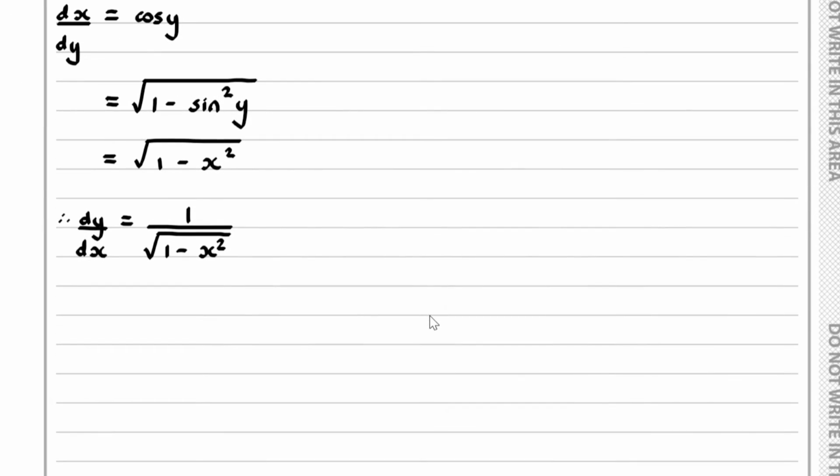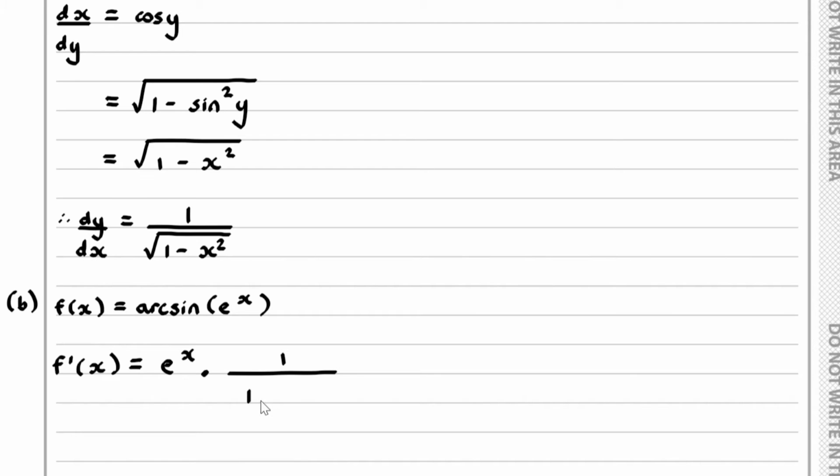And so, for part B of the question, if we have f of x equaling the arc sine of e to the x, that means f dash of x through the chain rule is equal to e to the x multiplied by 1 over 1 minus e to the x squared, and that's just using the results from the chain rule.